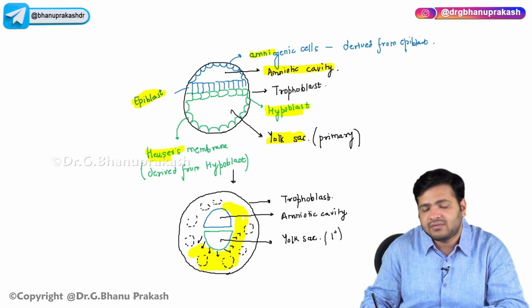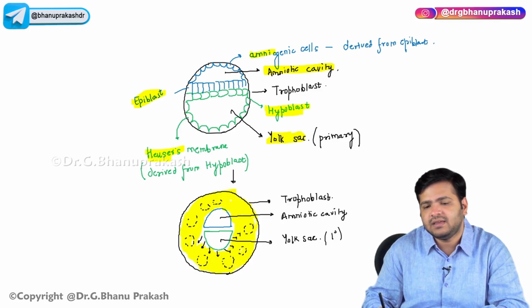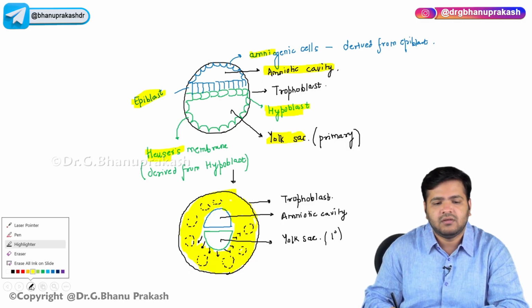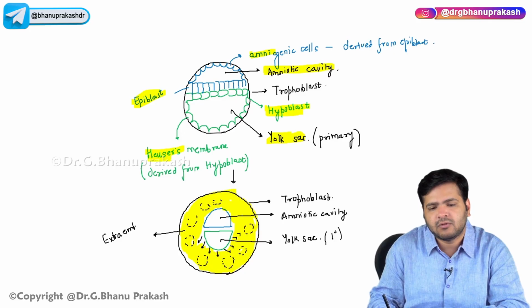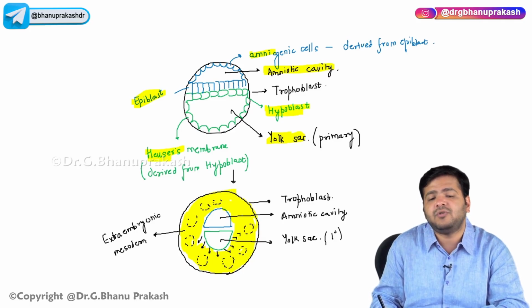And in between, because the cells coming from the wall of the yolk sac are dividing, they are giving rise to this extraembryonic mesoderm, the one which I am highlighting in the yellow color. This yellow color is the extraembryonic mesoderm. So remember this extraembryonic mesoderm.